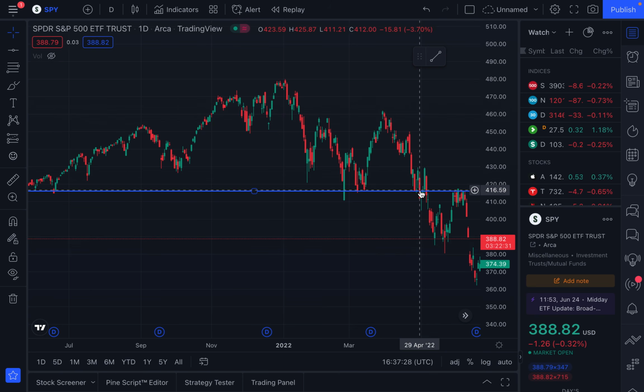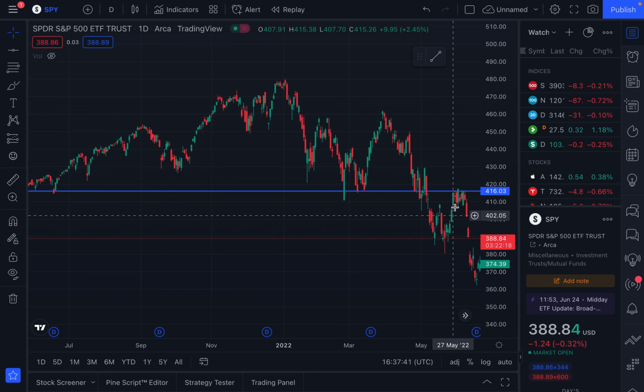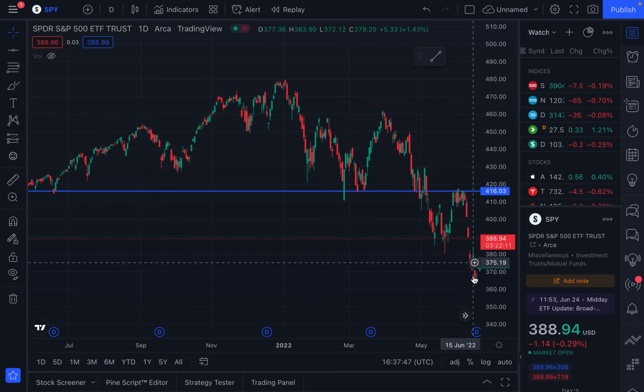The other thing, and this is a very key thing to understand, guys, and this is going to work for both support and resistance. What do we see happen after it breaks the support? It broke the support, came down, bounced back, and where did it bounce back to? It bounced back to that support level, and then from there, it dropped back down.